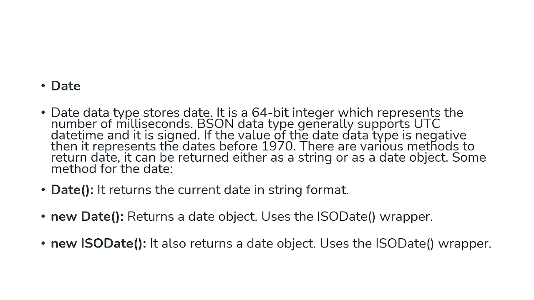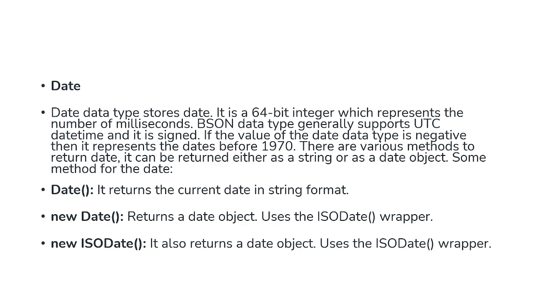Next, date. Date is an inbuilt function that stores the date. It is a 64-bit integer which represents the number in milliseconds. Based on the data type, it generally supports date and time as a signed value. It represents dates before 1970.